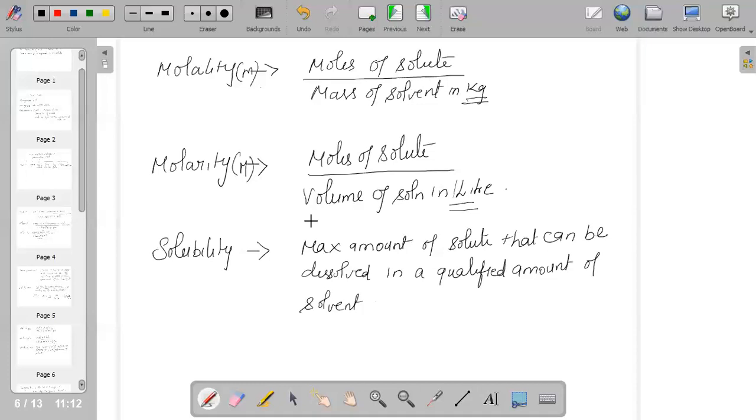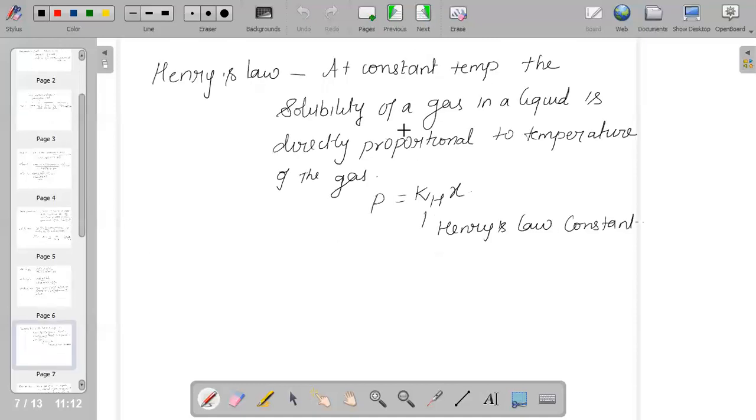If we increase the temperature, there is an increase in solubility. And if we talk about pressure, yes, a rise in pressure will increase the solubility. So there are different factors which determine the characteristics of, or impact, the solubility.